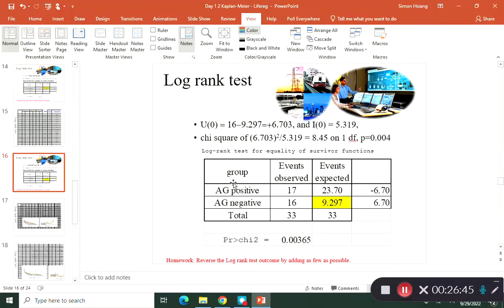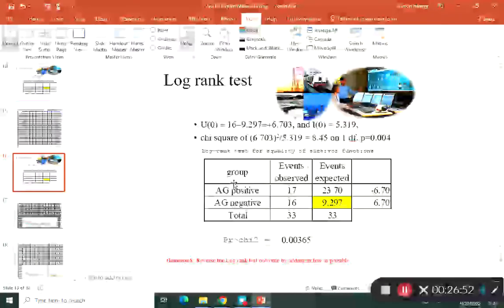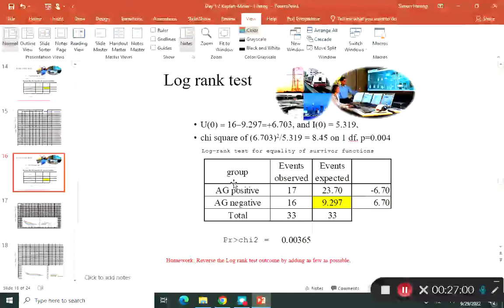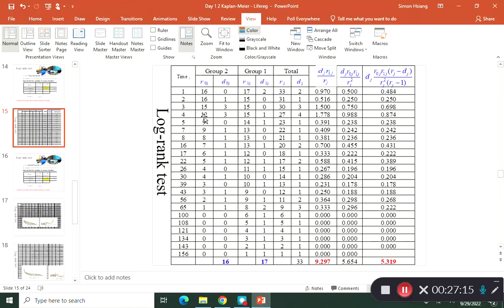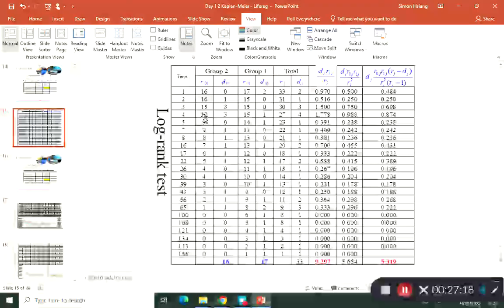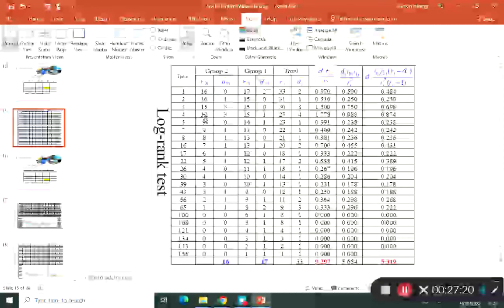And basically, repeat: is your slide number slide 15? Or this table, what's the number of your slide? 16? Yeah. Is it slide 16 in your lecture notes? Okay, so using my data or creating a set of data, do the log rank test, whatever the data is on slide 15.